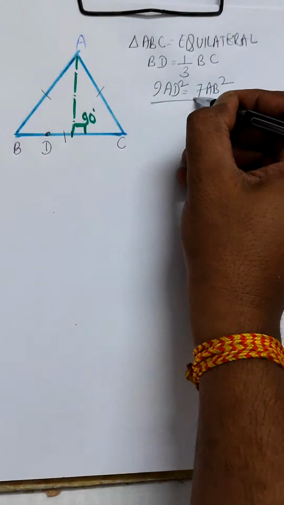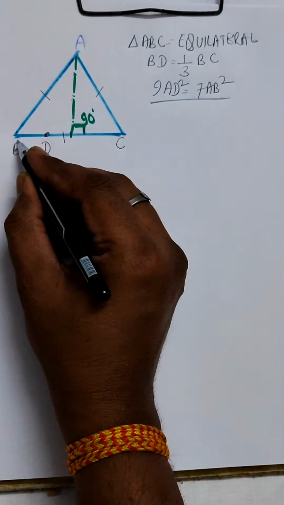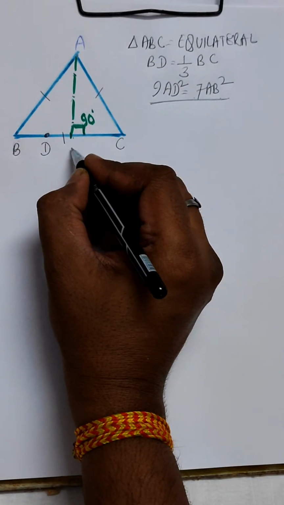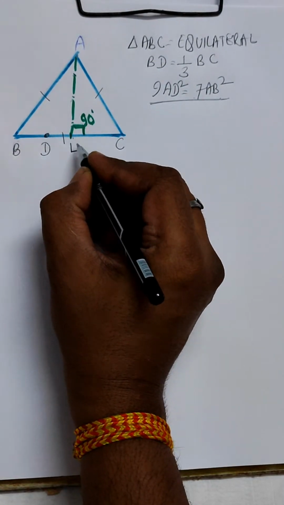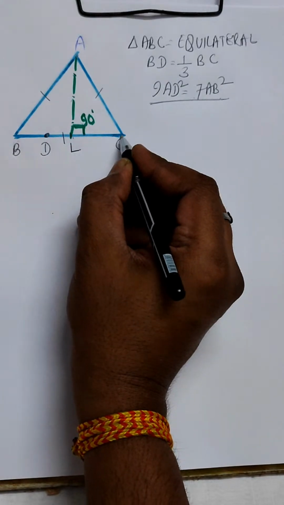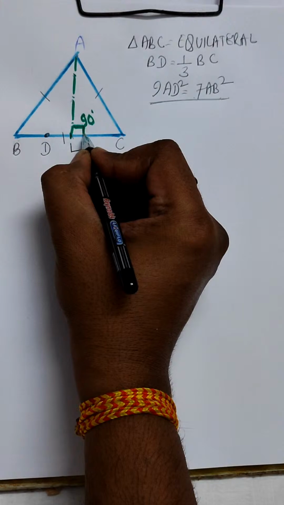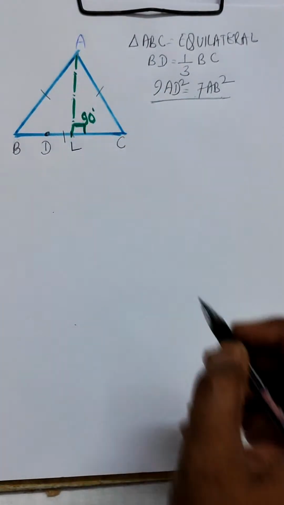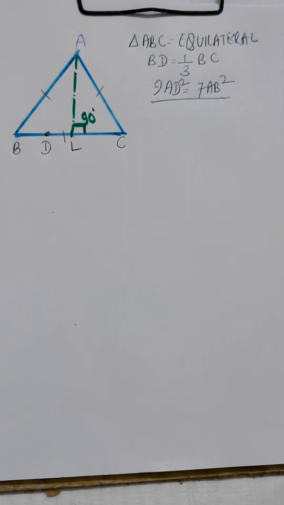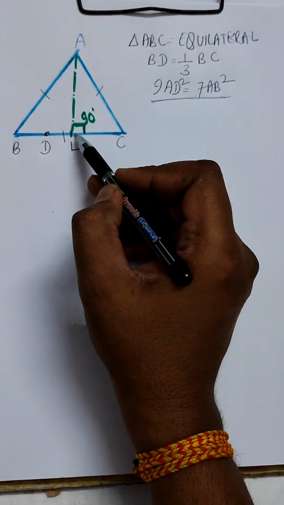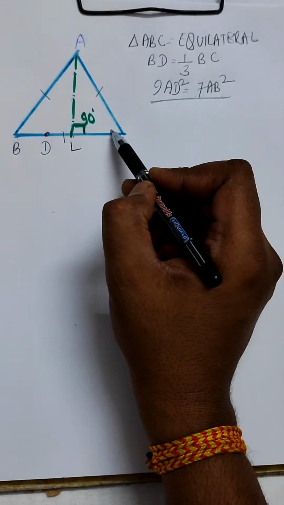So here what we did, draw a perpendicular on BC from A, and let's say this point is L. And BL will be equal to CL, we will prove it. Since this is a perpendicular, this angle ALC is 90 degrees.